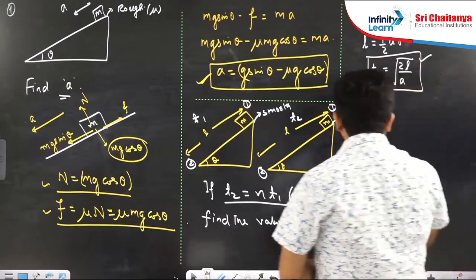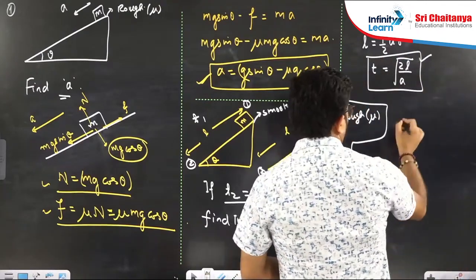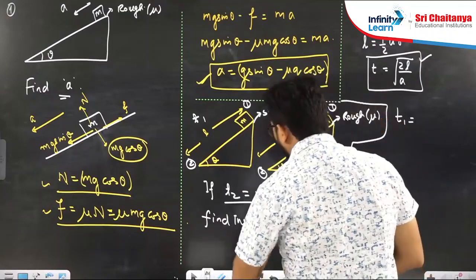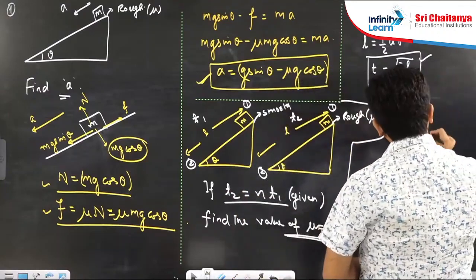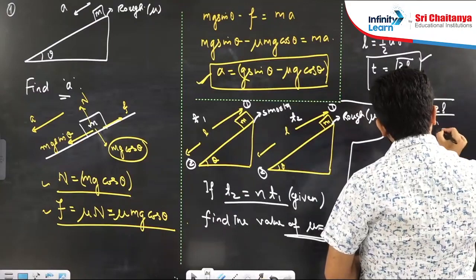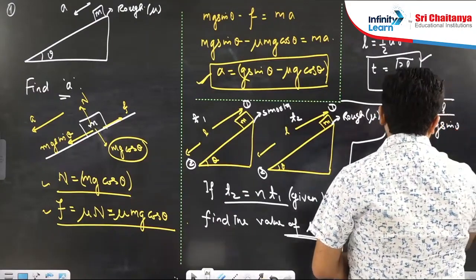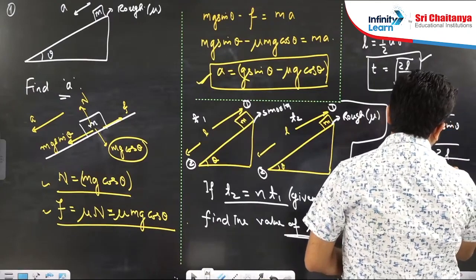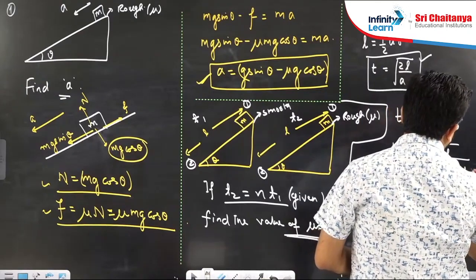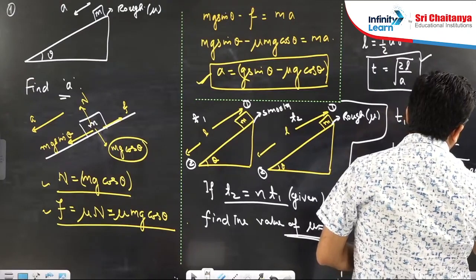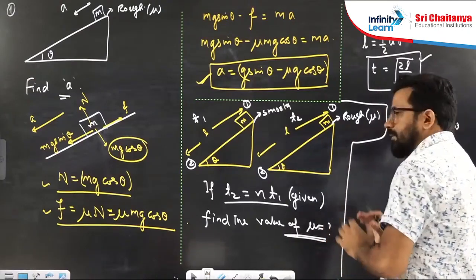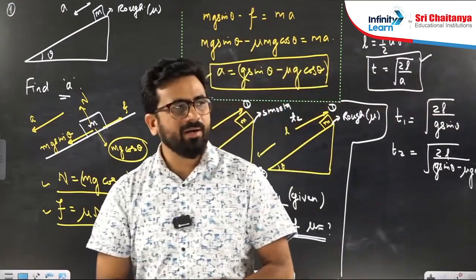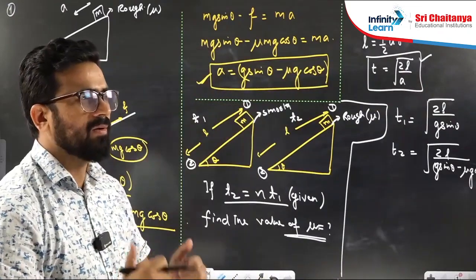Now put in the values. t1 is under root of 2L by g sin theta. t2 is under root of 2L by g sin theta minus mu g cos theta. First reply to me up to here, are you understanding? Okay, now you are understanding.